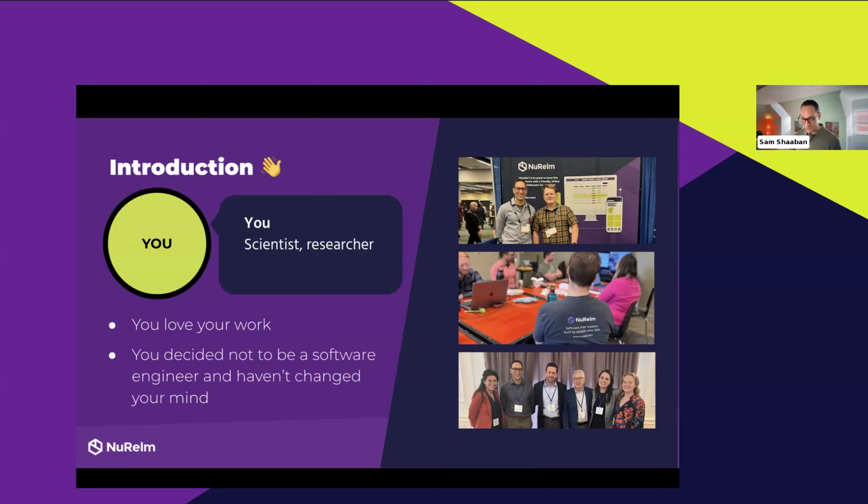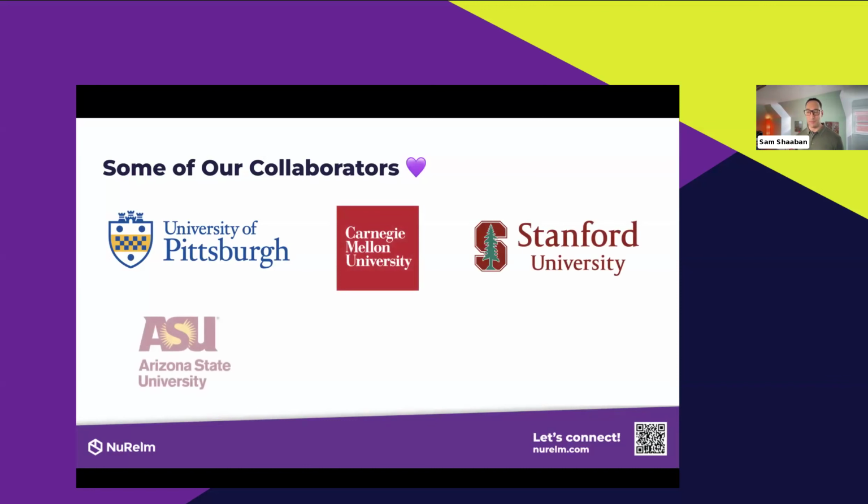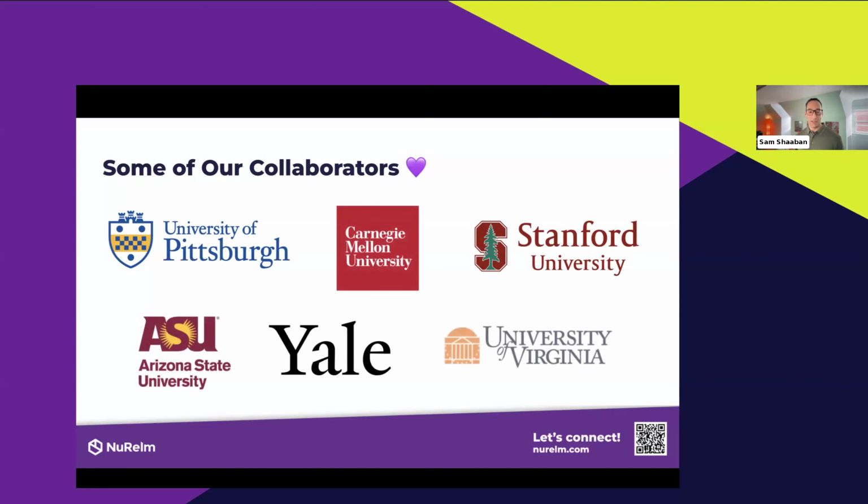So you're thinking about the work that you do and the software that you have to build for it, and the ways to go about it, who to work with, what kind of ideas could help guide you through the process. We're hoping that this presentation will give you a lot of good advice along the lines of how to build a mobile app or a web app or any of the things in between as you work on your next project. Here's a handful of our clients, just to give you an idea of universities that we work with.